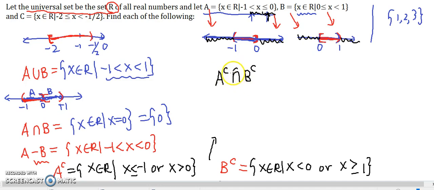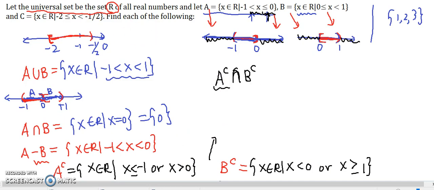Think of intersection here as like a plus sign or minus sign. First of all, we found the answers for the complement of A, which is right here, and we found the answer for the complement of B. So we do complements for each of them first, and we're just going to use the answers from here and there. And we're going to do the intersection now.